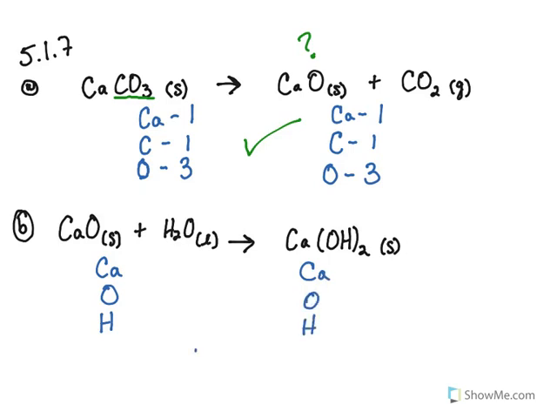So when I count, I have 1 calcium, 2 oxygens, and 2 hydrogens, and when I come over to the right-hand side, I have 1 calcium, 2 oxygens, because my subscript distributes, and 2 hydrogens. So this equation, like the last one, is already balanced.